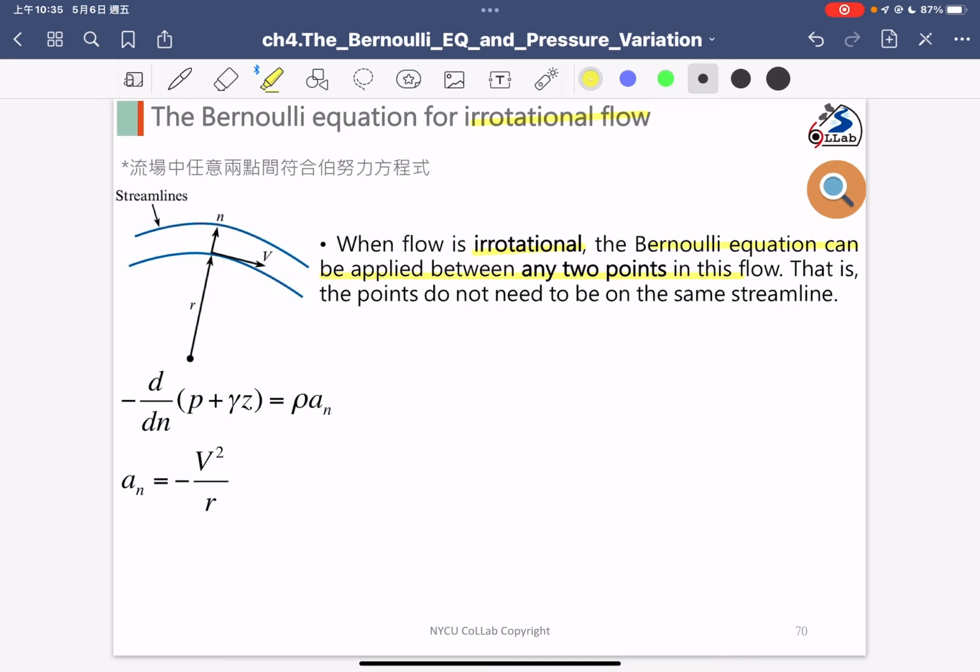That indicates the flow is irrotational flow, and then any two points can satisfy the Bernoulli equation. So the question right now is different. As we know, the flow velocity direction is going right, and this is the direction of the r direction.